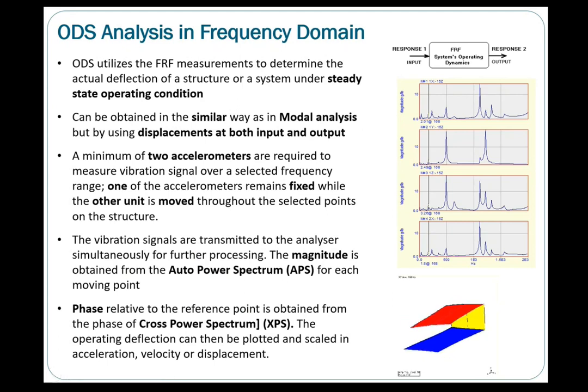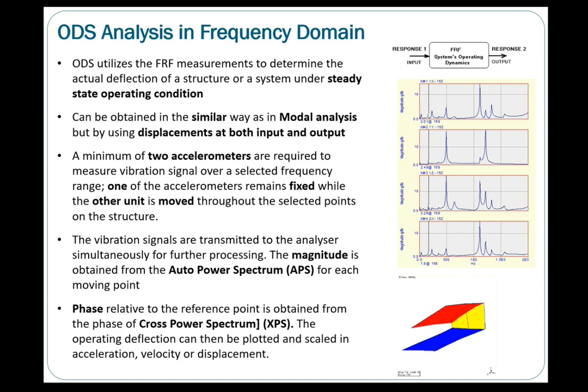So this is frequency domain ODS. It is very similar to what we call modal analysis. In modal analysis, we give an input and measure the response due to the input. ODS itself is just measuring the outputs. But you still remember we need the motions, the shapes, the phase.